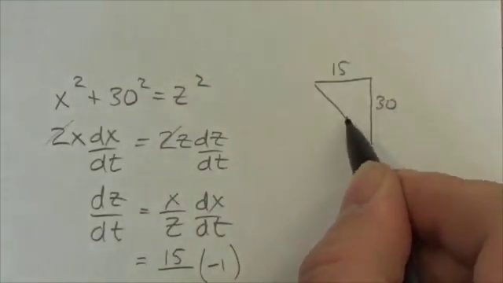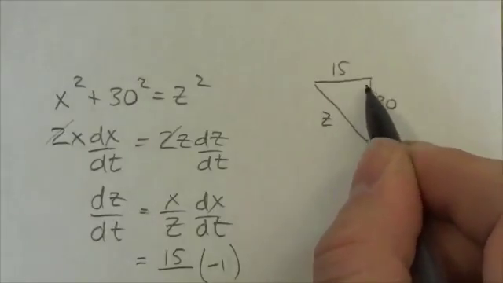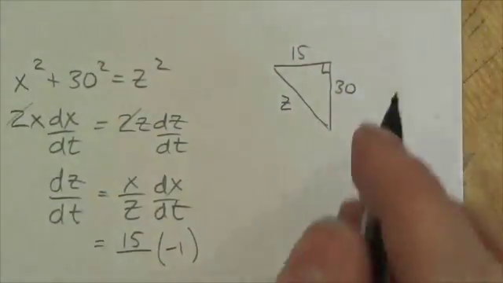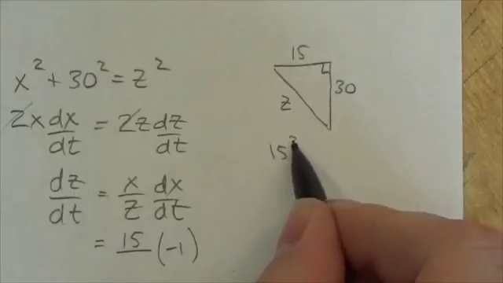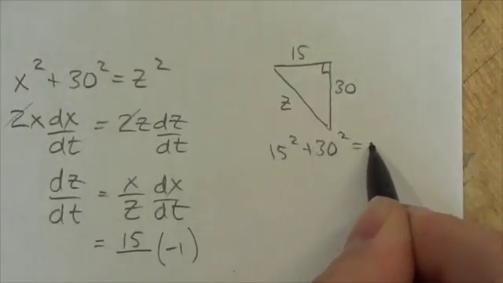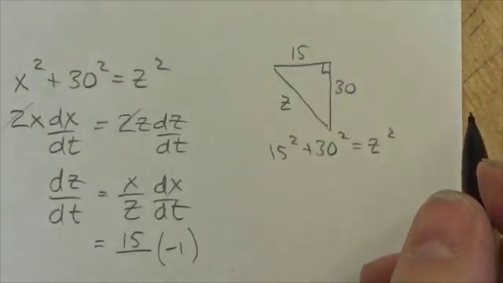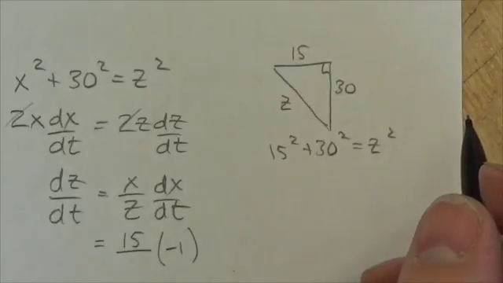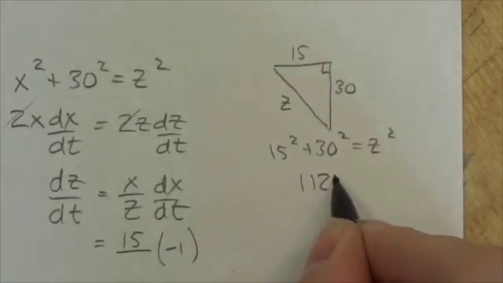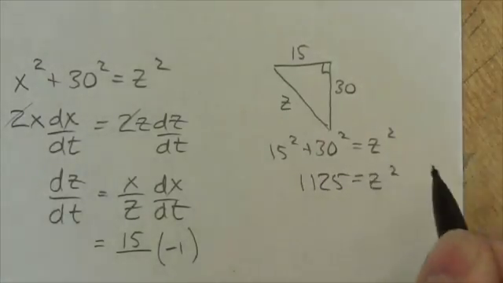I know that this is always 30. So what I need to do is find out what z is at that particular instant in time. So this will be 15 squared plus 30 squared is equal to z squared. I'm just doing this in my calculator here, and I will get 1,125 is equal to z squared.